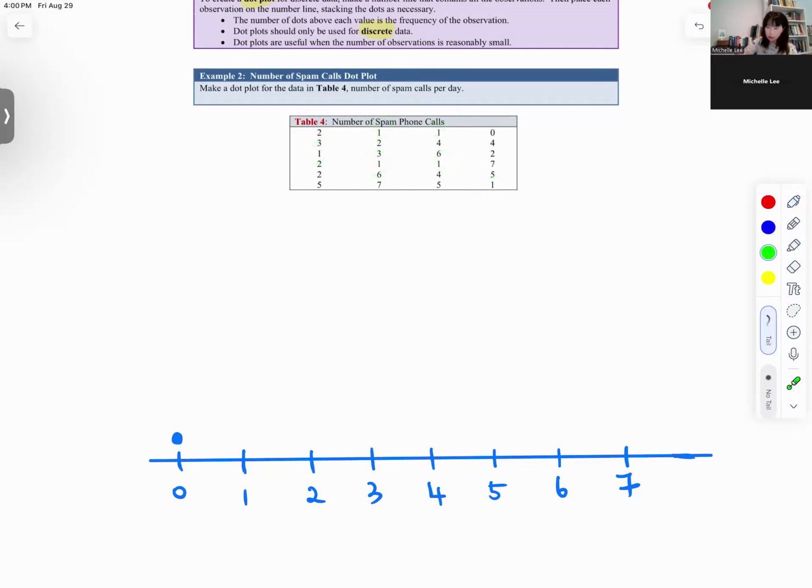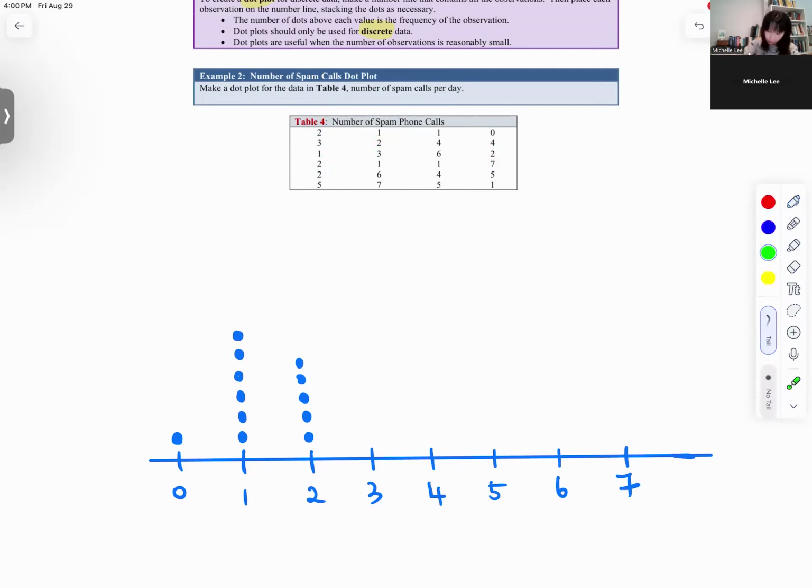Yes, 6, so we stack the dots. How many 2s? 5: 1, 2, 3, 4, 5. And how many 3s? 2.